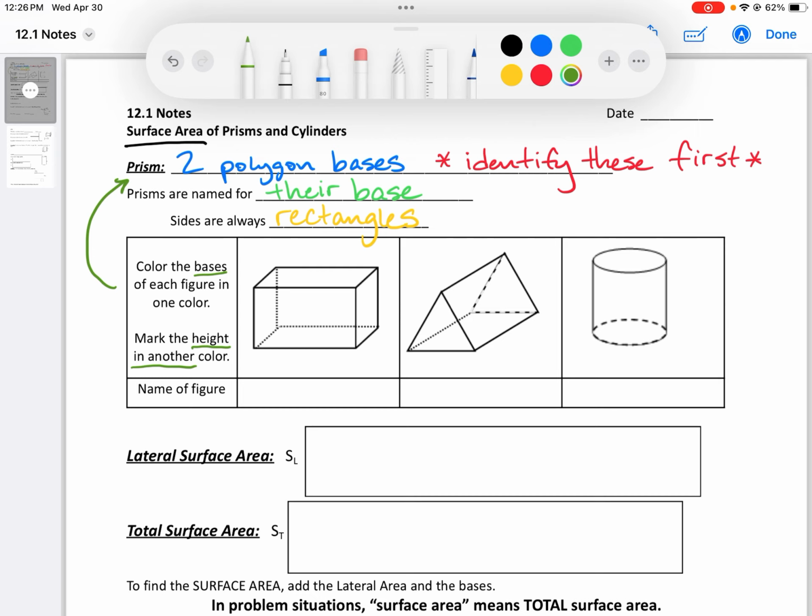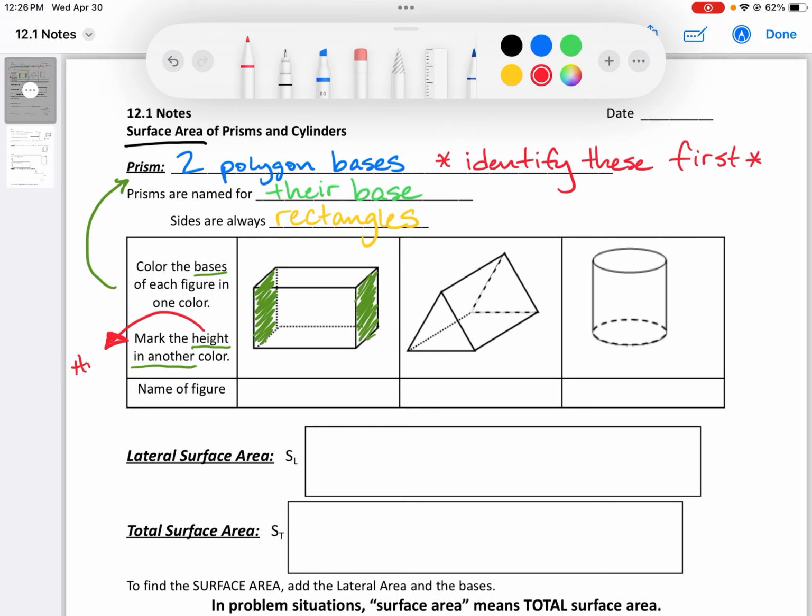So what I want to do for all three of these is I want to identify their base. So for this first one, the bases are these two squares. So I'm just going to shade those in real lightly. All right. And the height is, I told my students, another way to think about height, let me actually do this off to the side.